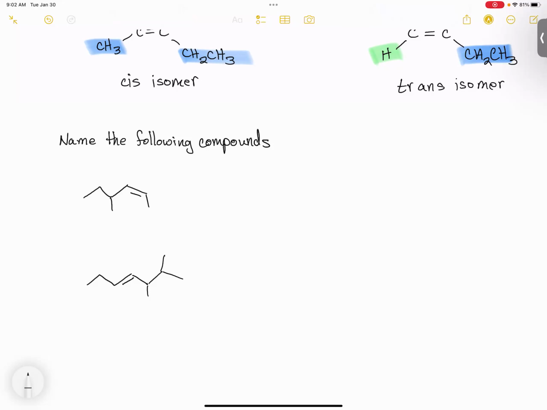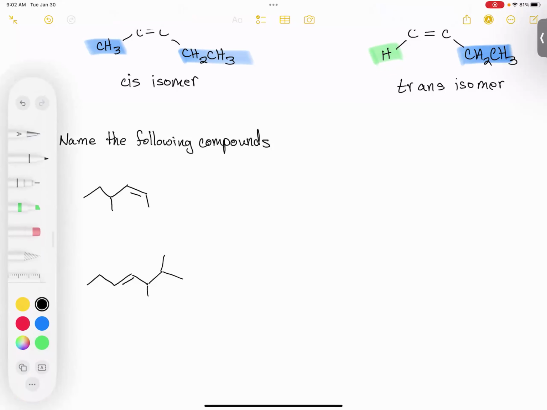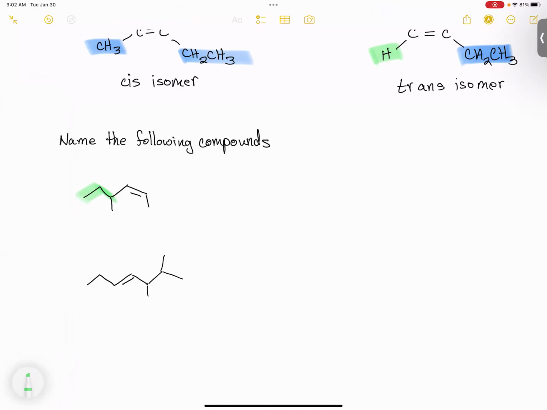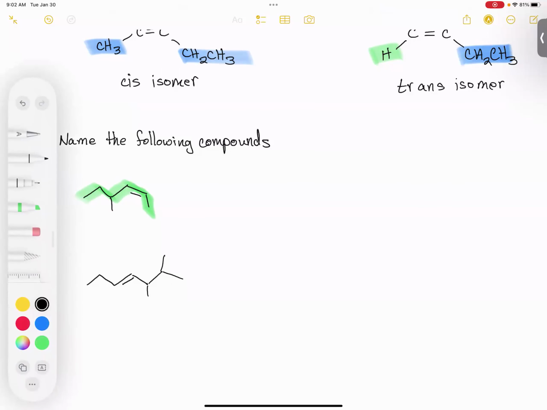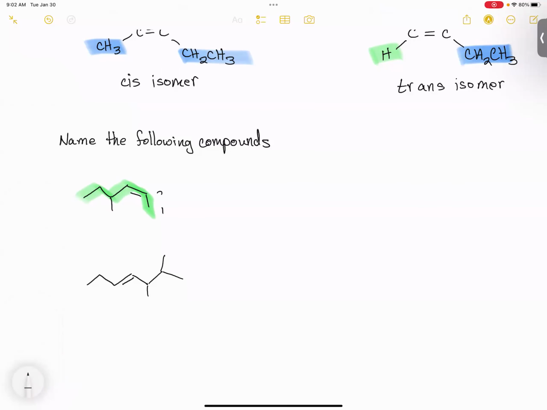Okay, so this first one, the longest chain was 6 carbons. We start numbering on the carbon closest to the double bond because it is the most important. So this is going to be a 4-methyl 2-hexene.